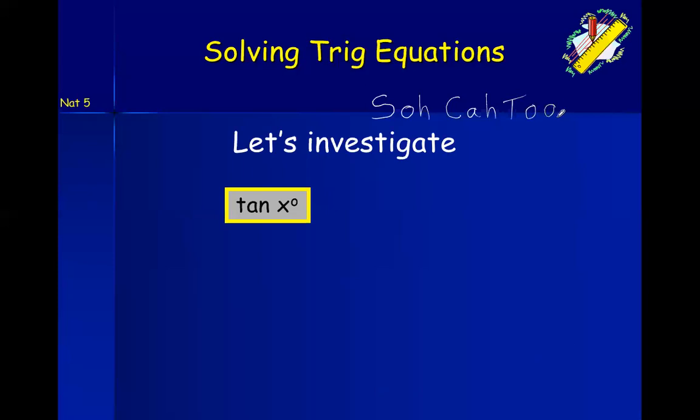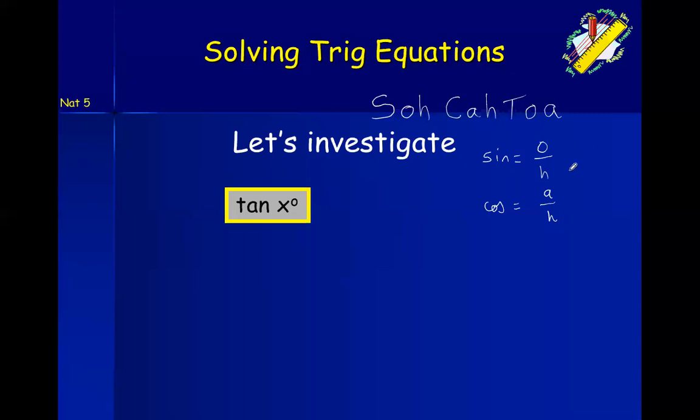Sine is O divided by H. Cos is A divided by H. Opposite side divided by hypotenuse, adjacent divided by hypotenuse.